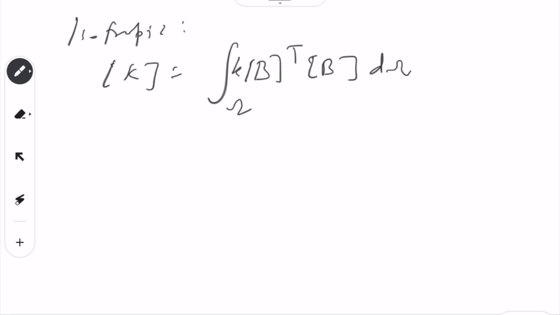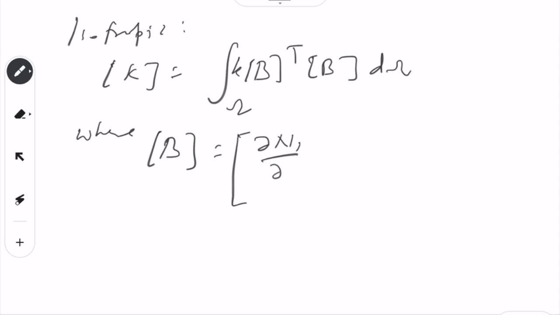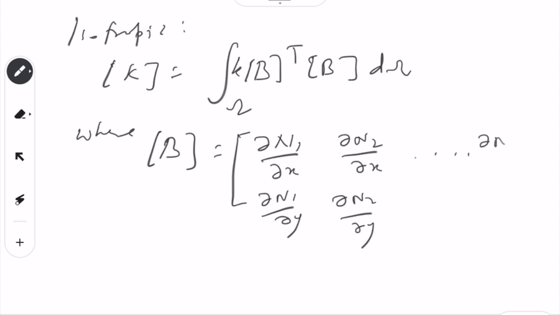Now this B matrix is what we looked at last time, and it is a 2 by n matrix: del n1 del x, del n1 del y, del n2 del x, del n2 del y, and goes till del nn del x, del nn del y.